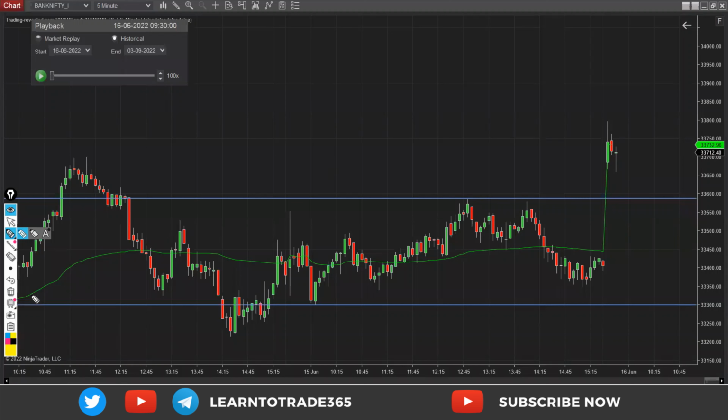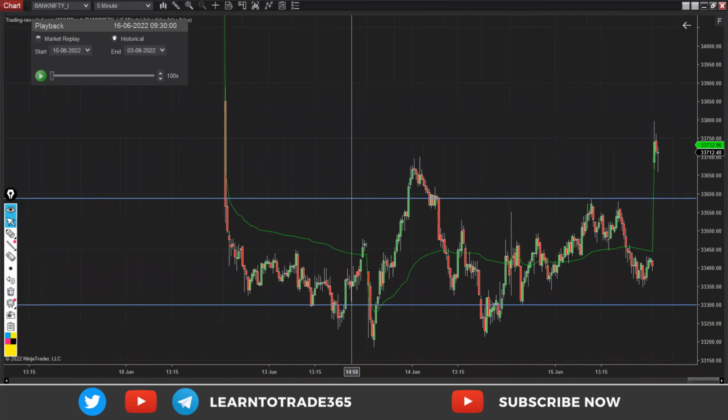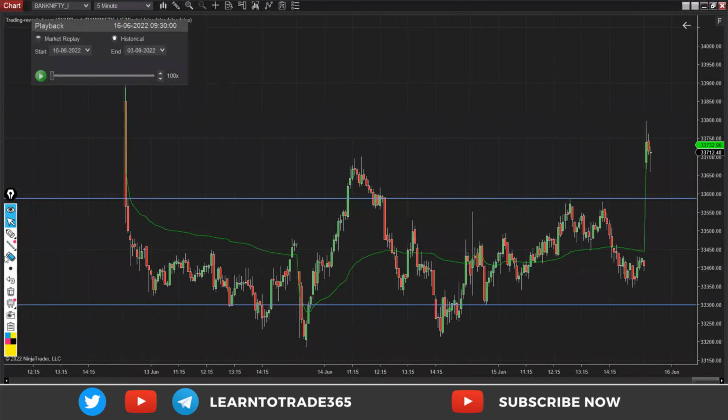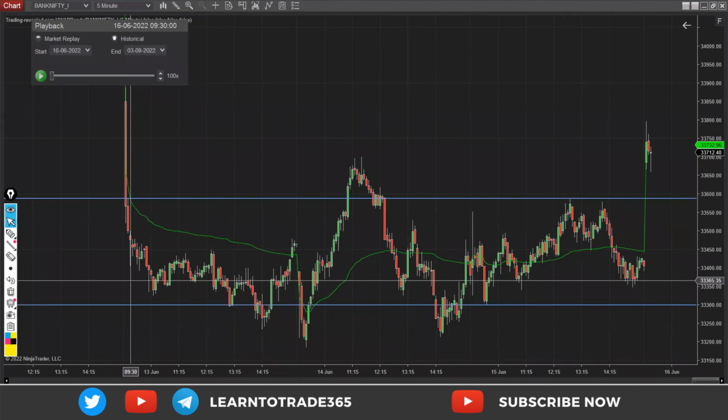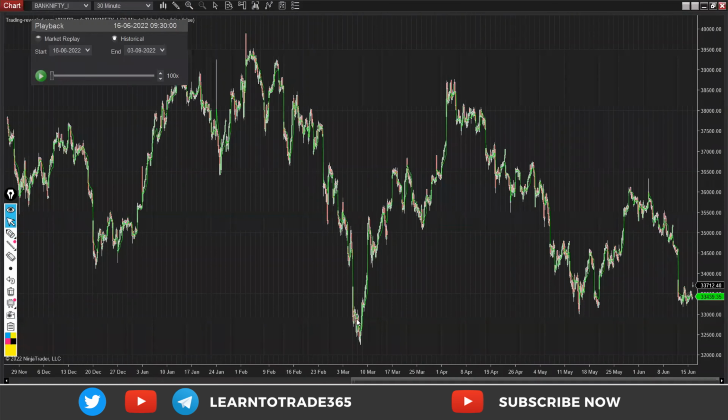So let's understand what happened the last time price approached this zone. This big candle which you can see is a free candle. Sorry, this is not a full candle formation, it's a free candle. Other than that, we need to check the 30-minute time frame.